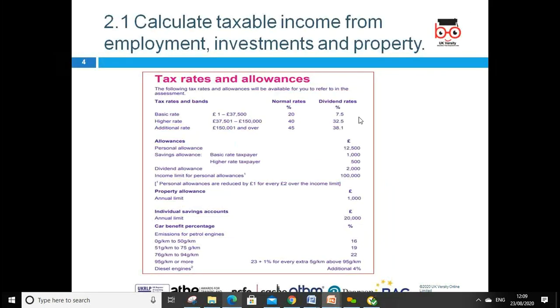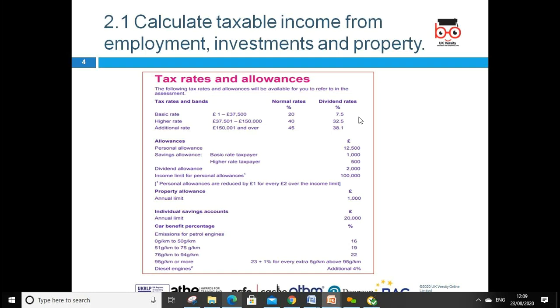If we have employment income, first 12,500 will be exempt. If you have dividend investment income, and your earning is only through dividends, then 7.5% will be the tax on the first £1 to 37,500. First, of course, 12,500 will be exempt. Afterwards it is 7.5% instead of 20%.